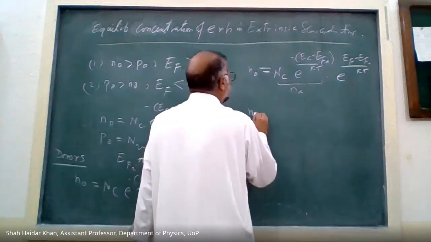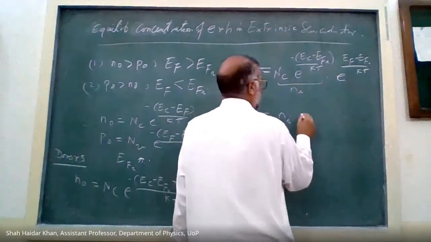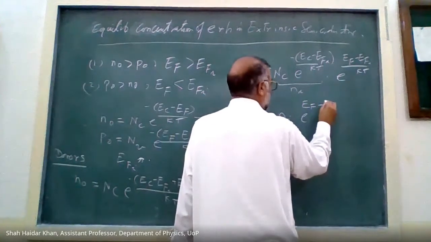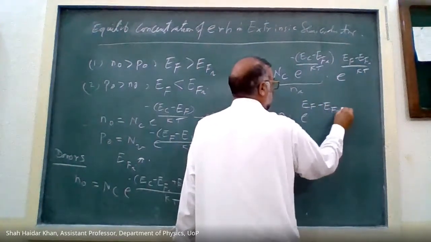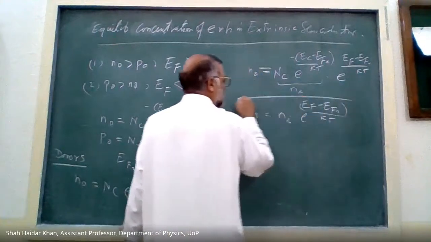So n naught is equal to ni e to the power (Ef minus EFi) divided by kT.